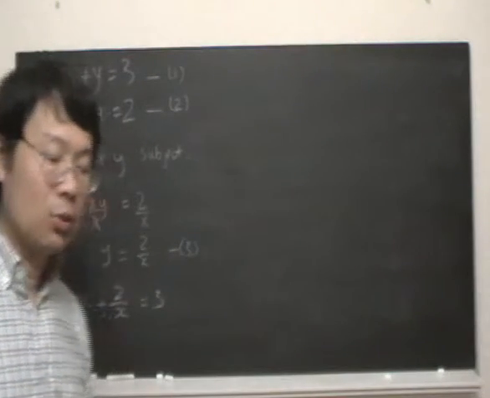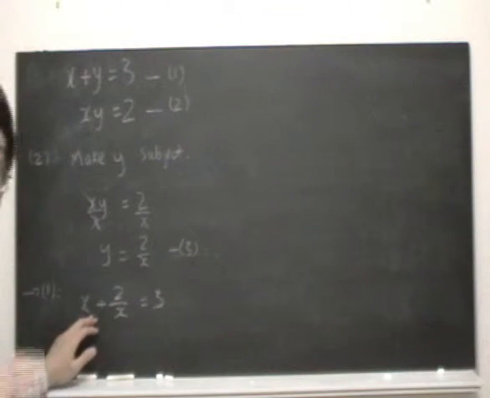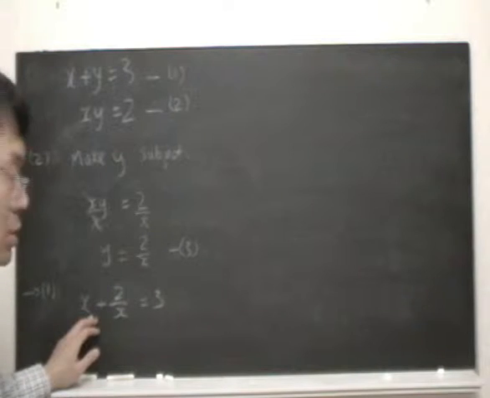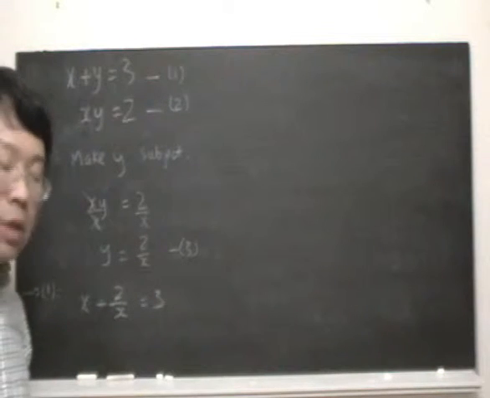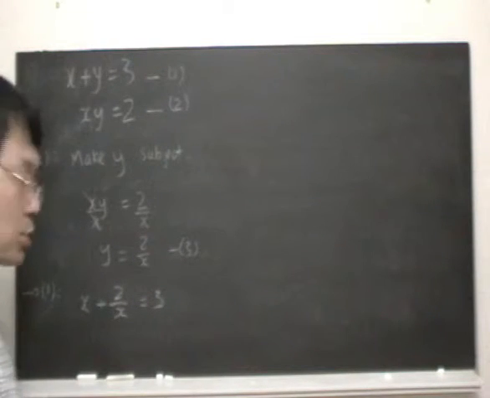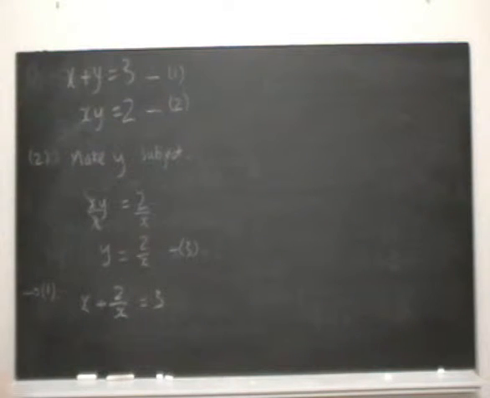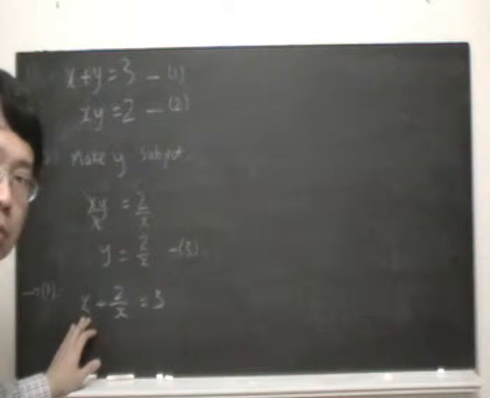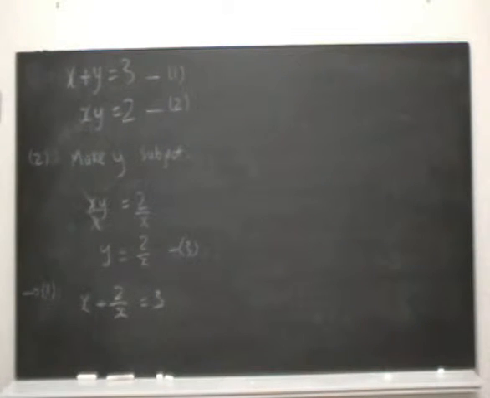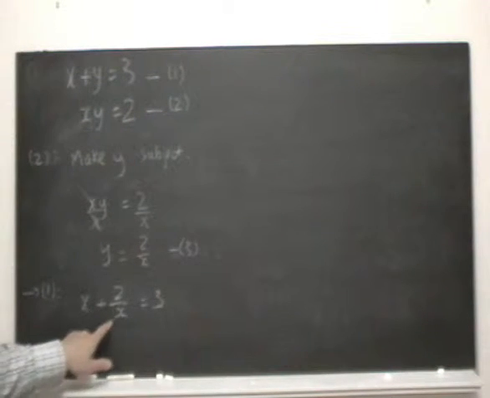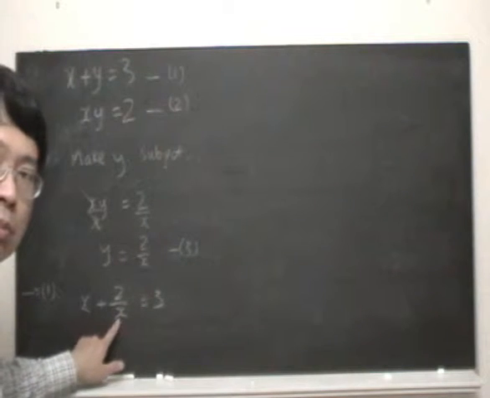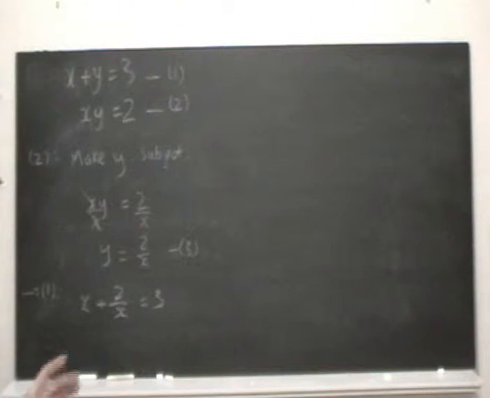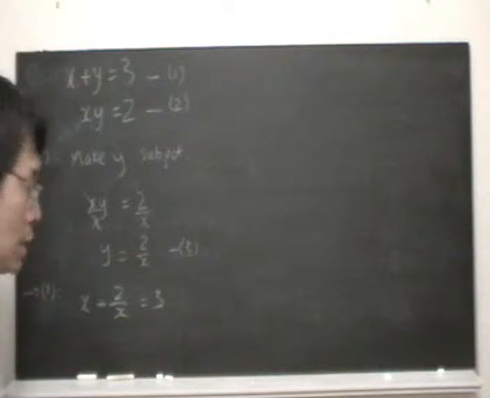So now I have an equation with just x. There is no y in this equation. So we can now try and solve for x. Now this is a form that looks different from quadratic equations. We have an x at the bottom of a fraction. That makes it look a bit more difficult.